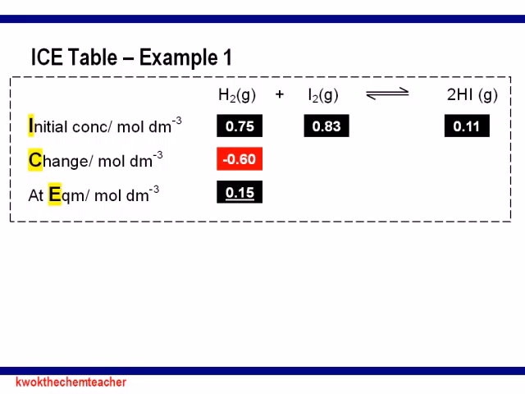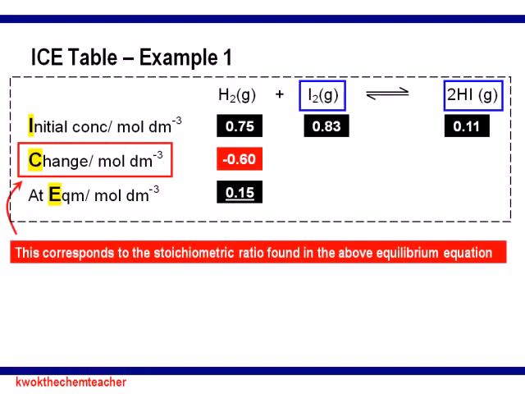By simple mathematics, you would be able to deduce that there must be a loss of 0.6 mole per dm cubed of hydrogen. The row for change actually corresponds to the stoichiometric ratio found in the above equilibrium equation.